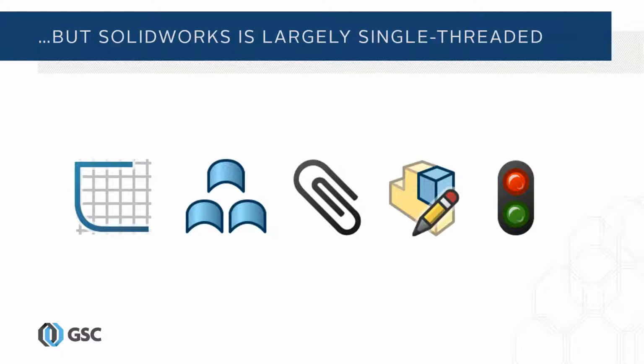All these things, i.e. the vast majority of what SolidWorks is doing, from a computational standpoint, is single-threaded. Okay, cannot stress that enough. That is going to very specifically dictate what CPUs are best for SolidWorks.